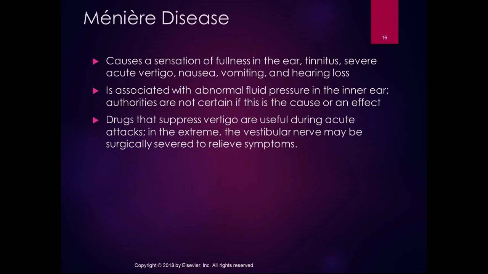So it's one of those idiopathic things where they're not sure why it happens. Often drugs that suppress vertigo are useful during acute attacks. In extreme cases, they will surgically sever the vestibular nerve to relieve symptoms. That doesn't do anything for the hearing loss, but it relieves the symptoms of vertigo and nausea and tinnitus.